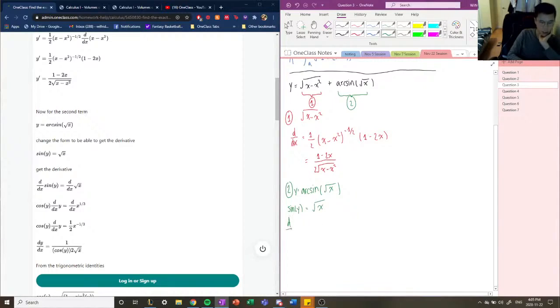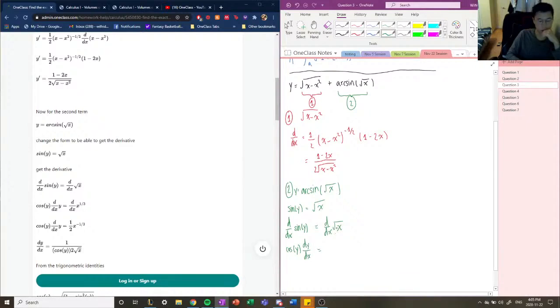So we're going to do d/dx of sine y, and we're also going to do d/dx of root x, okay? So this is going to be a chain rule again. So we're going to have the derivative of the outside function. So it's going to be cos, because the derivative of sine is cos. So cos y times dy over dx, because the derivative of the inside function is just y prime, or dy over dx.